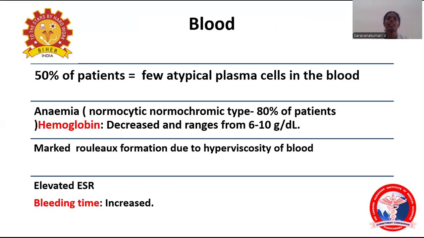That is normocytic normochromic anemia, seen in 80% of the patients, and hemoglobin will be decreased, in the range of 6 to 10 grams per dL. This patient also will have rouleaux formation, and this is because of the hyperviscosity of the blood. This patient with multiple myeloma can have elevated ESR, and bleeding time will also be increased.